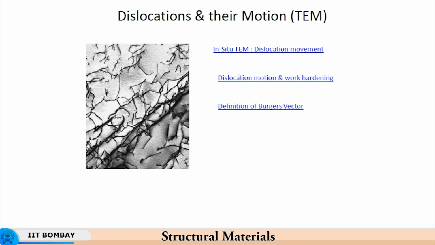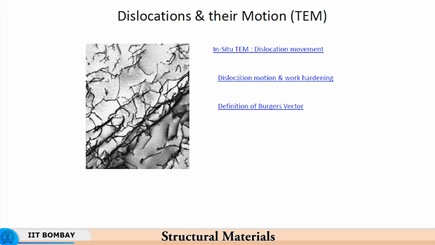But in an in situ TEM, you are able to actually see the dislocations move as well as multiply as the deformation takes place inside the material. So you can really track it in real time, live. It's like watching a cricket match live, right?